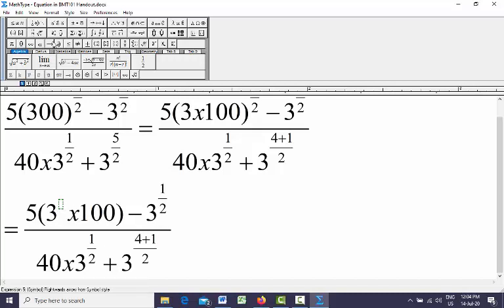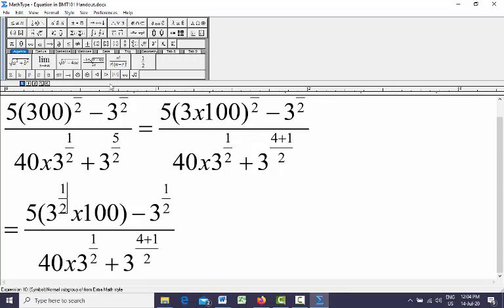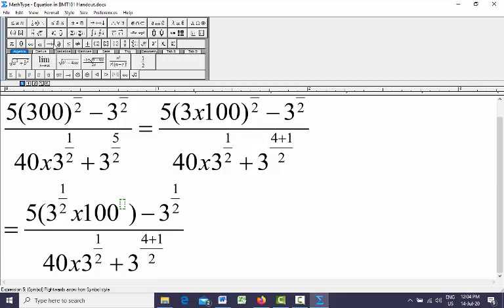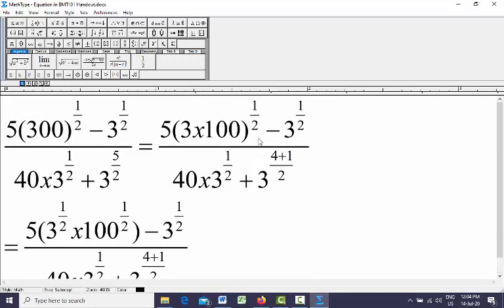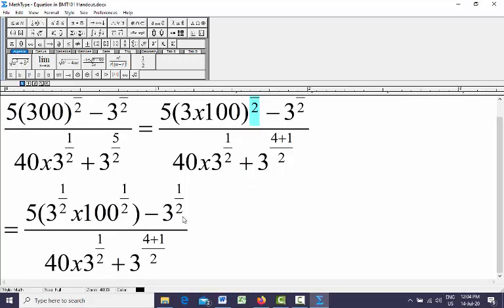As you can see now, this power half has been equally distributed to all the elements inside the bracket, right?